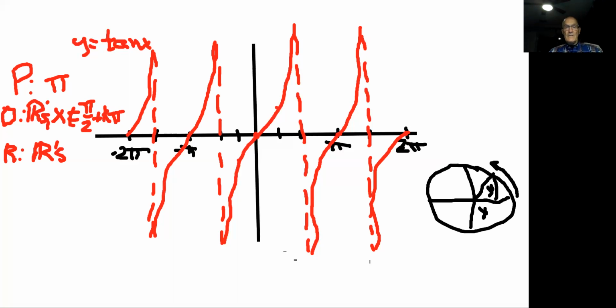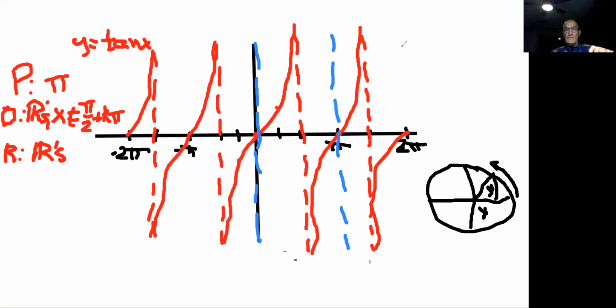Now we're going to do the same thing with the cotangent curve that we did with the tangent curve. Since the cotangent is the reciprocal, everywhere you have a 0 on the tangent curve, you have an asymptote on the cotangent curve. So here at 0, we're going to have a vertical asymptote like this.